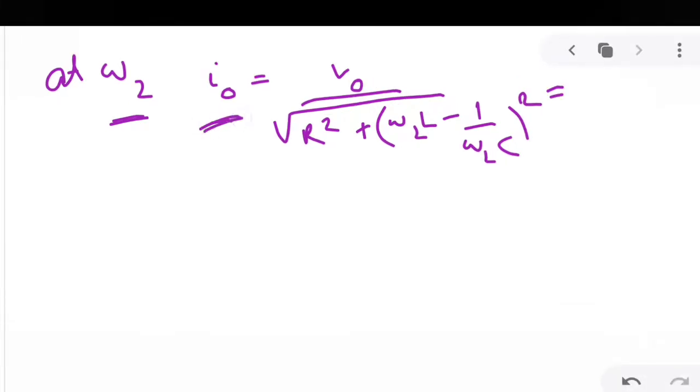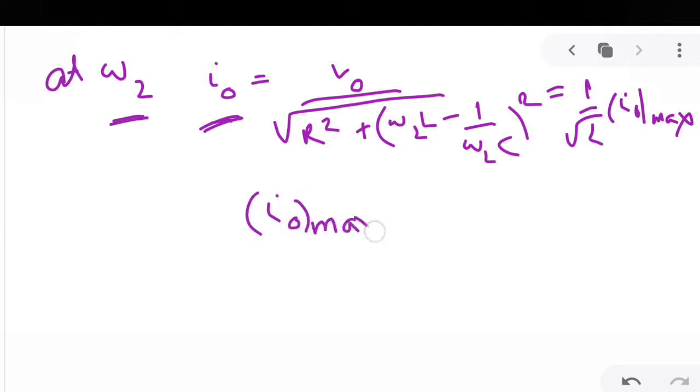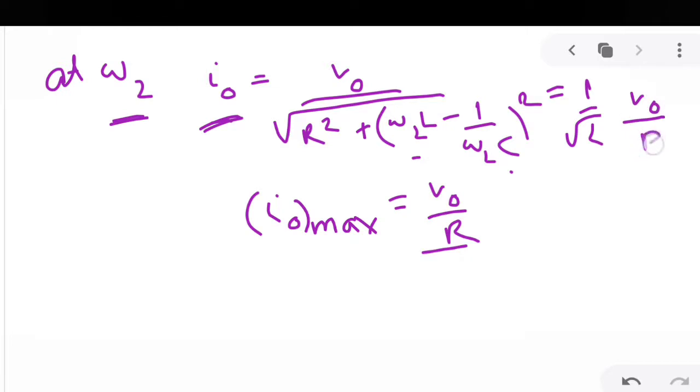Now this current is 1 by root 2 times the maximum current. What is the maximum current? Maximum current flows at resonance, and at resonance these two terms are equal, so I naught max is V naught by R. So this I naught max can be replaced by V naught by R. Make that replacement here.